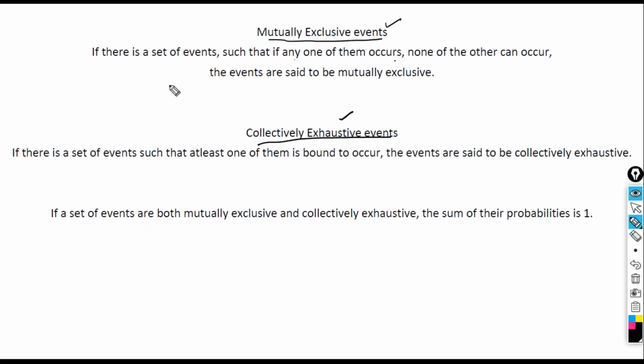So let's say there is a dice which is thrown. We all know that the numbers on the dice are 1, 2, 3, 4, 5, 6. So let's say an event has taken place wherein you got 1 on the top face of the dice, when you have thrown a dice only once.